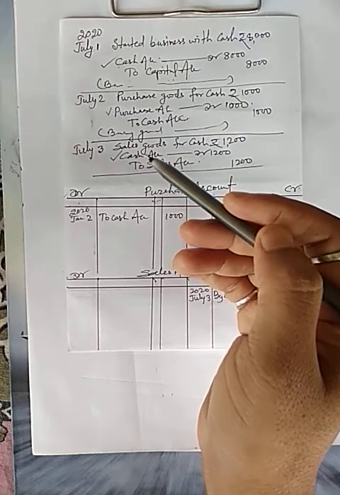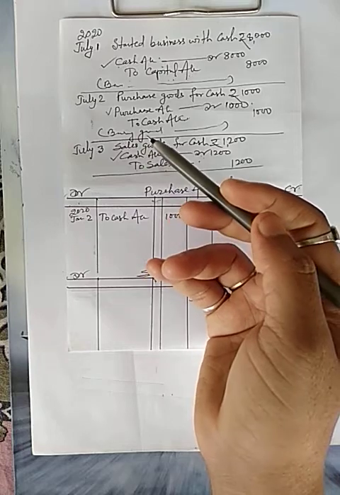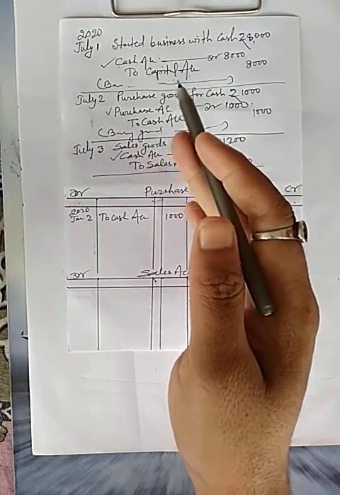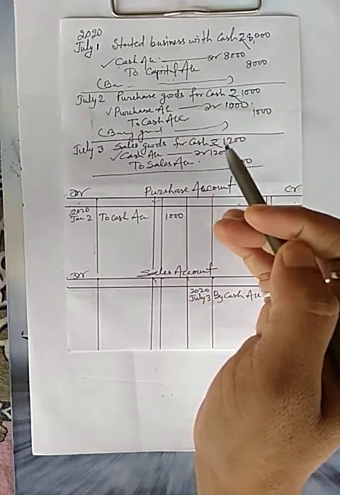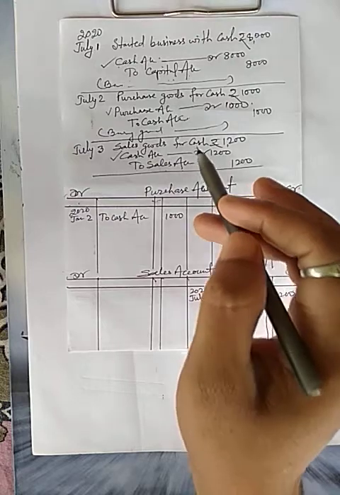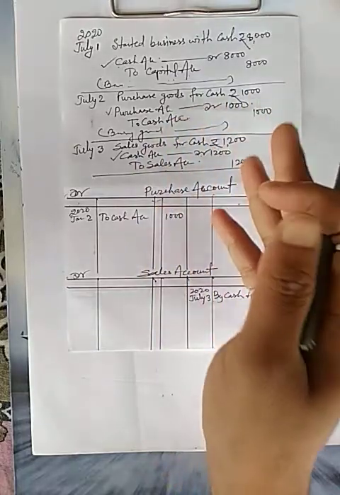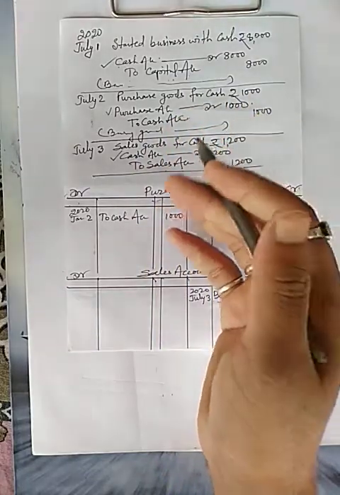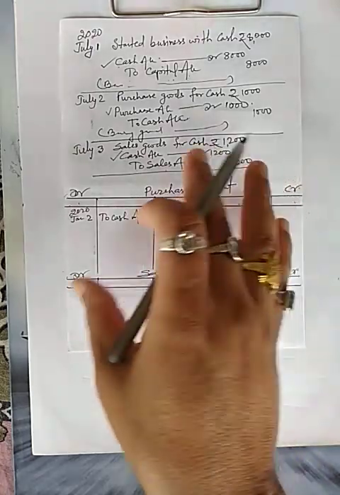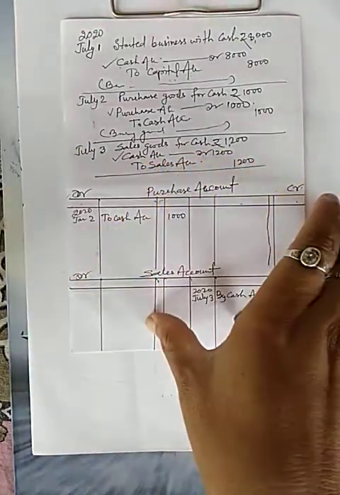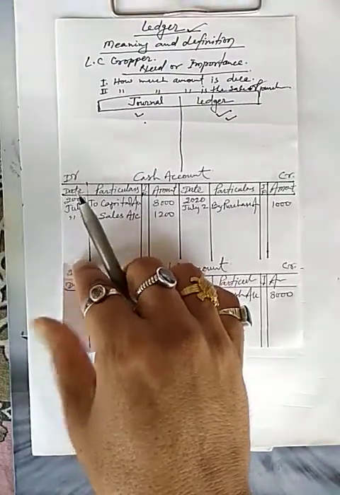All the accounts will open only one time, and we have to post in these accounts one by one. So this is the process of posting in ledger. Now when we will balance it, then what will be the process? Let us see the balancing process.